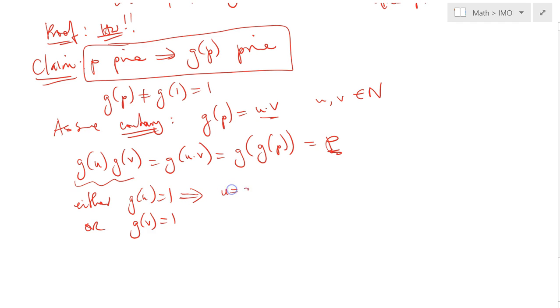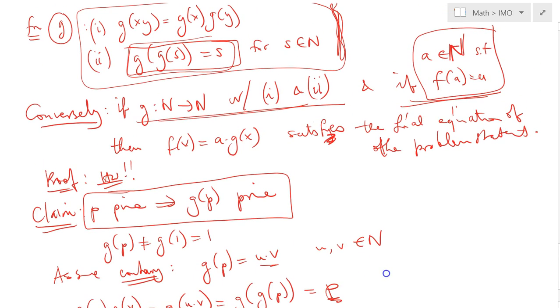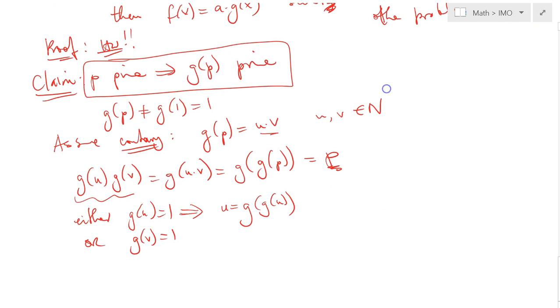By the second property, I know that u is equal to g of u. That one's for sure. And if g of u is equal to 1, that means we can replace g of u with 1. But then g of 1, we know from earlier, is equal to 1. But that's a contradiction, because u equal to 1 is not going to fly.